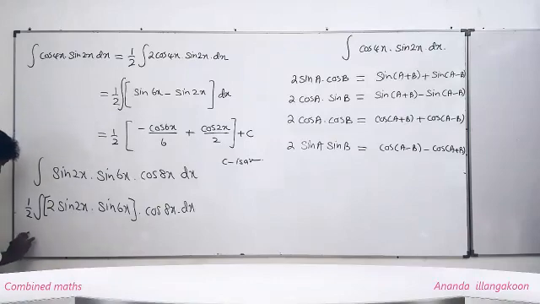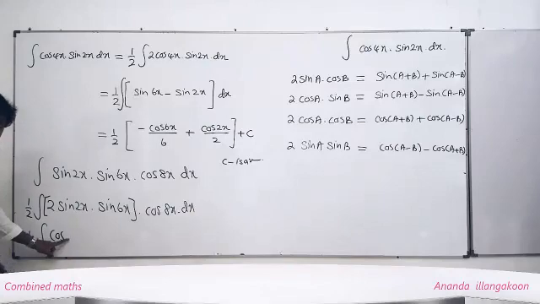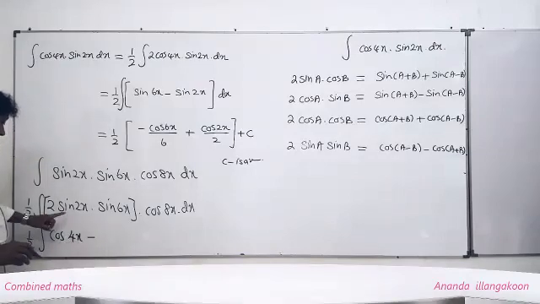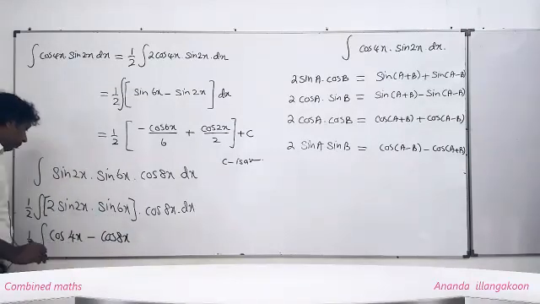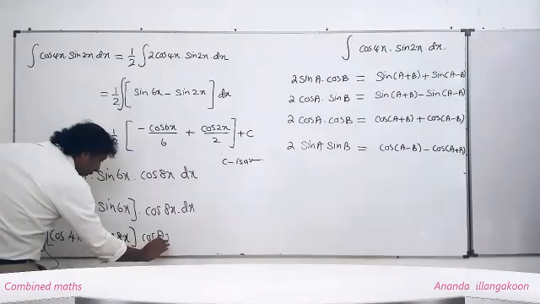Then here we get half, 2 sin A sin B is cos A minus B. A is this, B is this. 2x minus 6x is minus 4x. Cos minus 4x. You know, people, when we write cos, we can ignore that minus sign. Cos 4x. Cos minus theta is cos theta, no. A minus B minus cos A plus B, cos 8x, cos 8x dx.